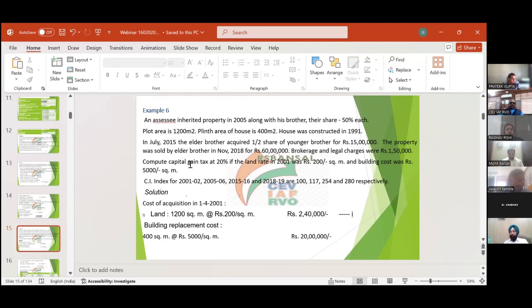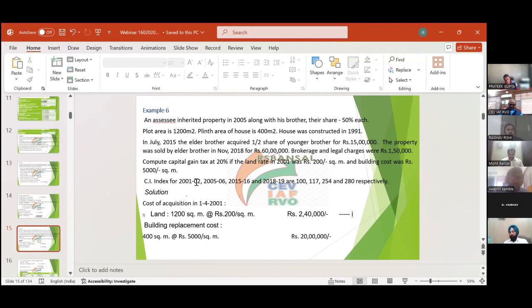The property was sold by the elder brother in November 2018 for 60 lakh, and legal charges were 1 lakh 50,000. Compute the capital gain tax at 20% if the land rate in 2001 was 200 per square meter and building cost was rupees 5,000 per square meter.